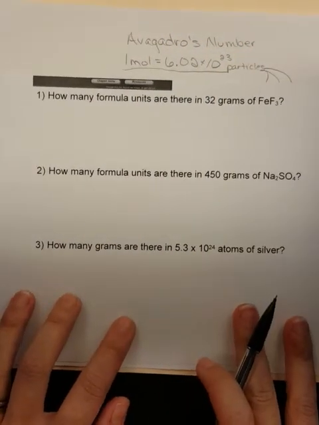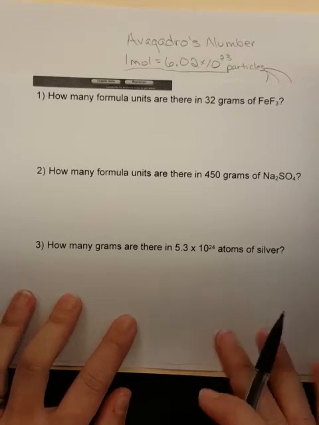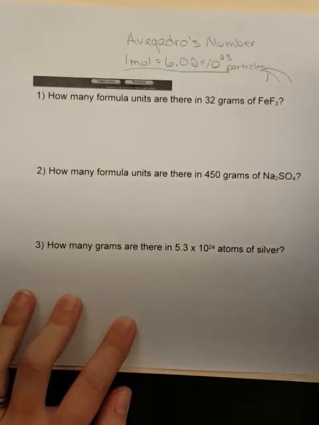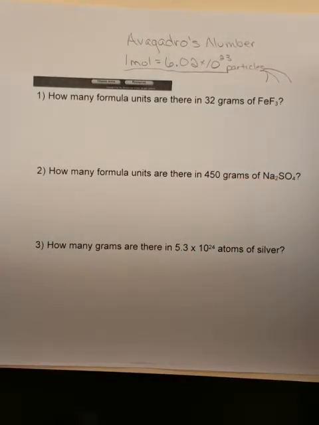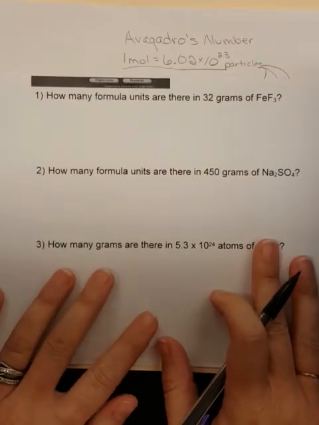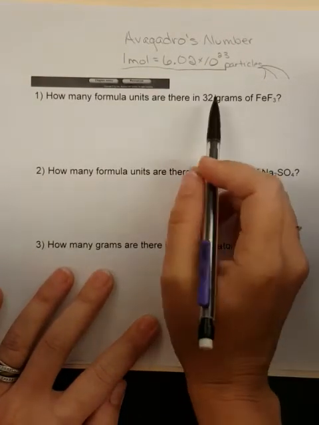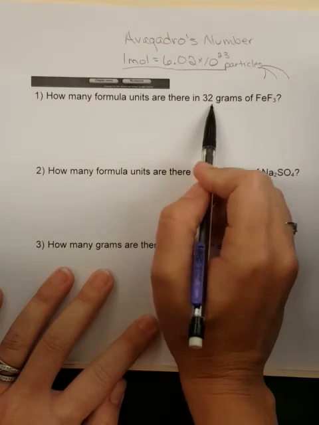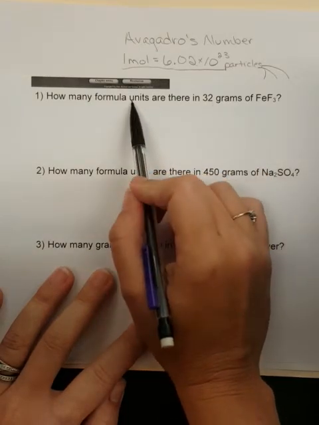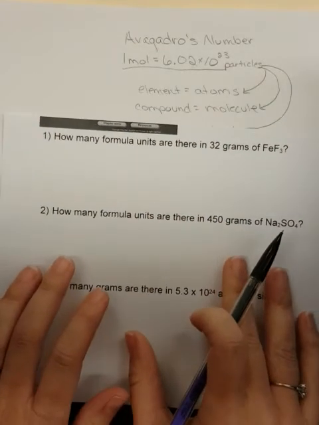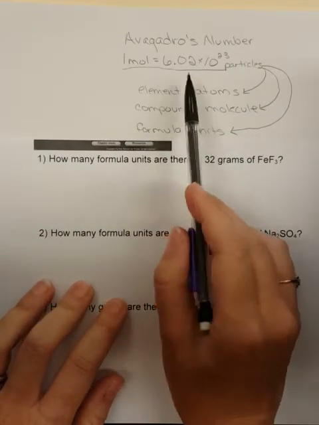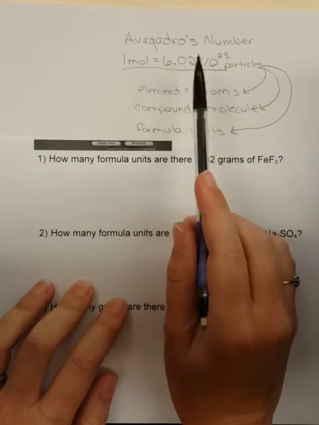All right, so it says, how many formula units are there in 32 grams of FeF3? All right, sorry, I had to stop for the bell. All right, so in number 1, we're going to take our 32 grams of FeF3, and we want to convert it to formula units. Well, formula units, we're going to go back to this number, this Avogadro's number.